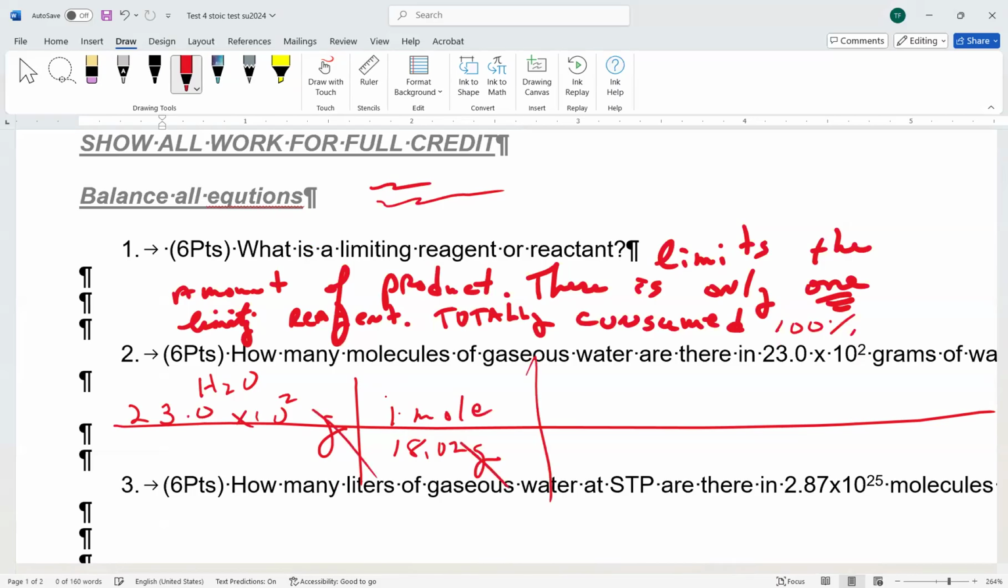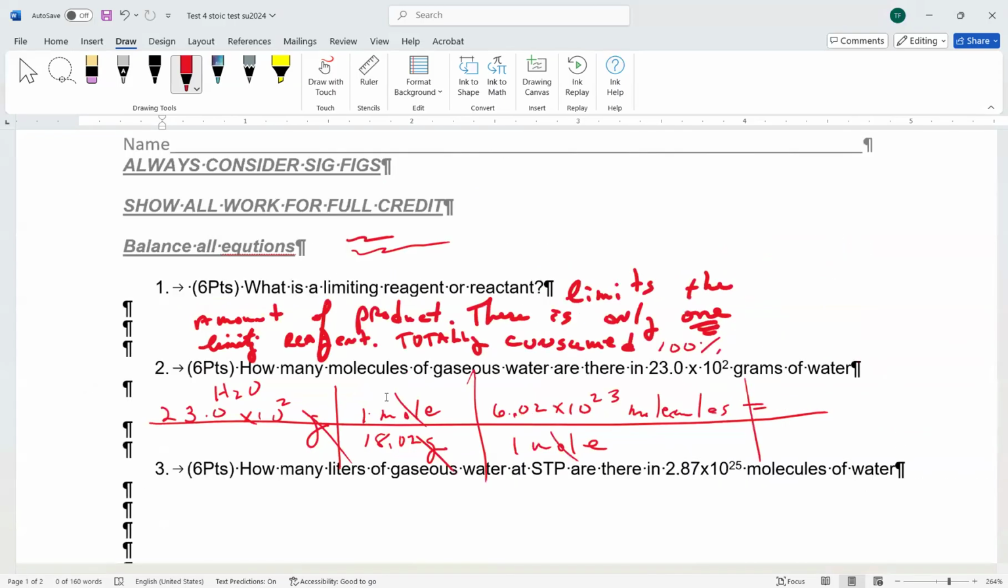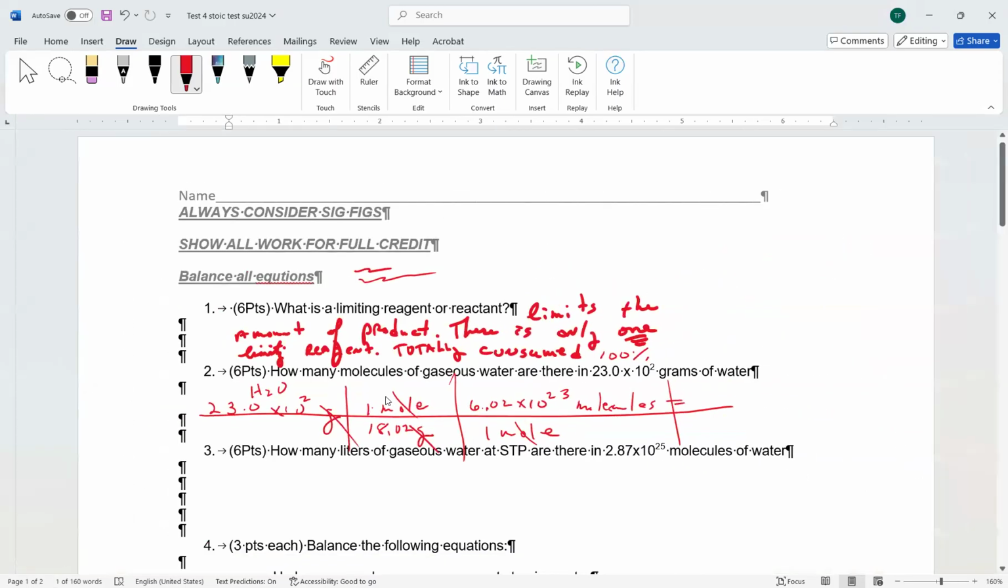Now we go from moles to Avogadro's number. And we've got 3 sig figs across the board there.